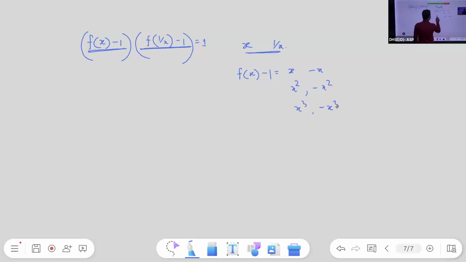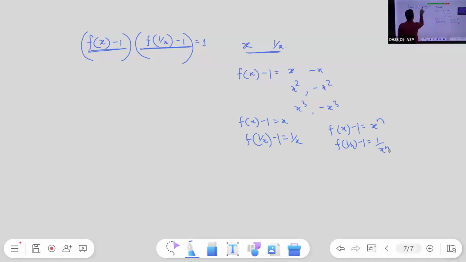This is possible. If you take f of x minus 1 is equal to x, then what will be f of 1 by x minus 1, replacing x by 1 by x? It will be 1 upon x and their product will be 1. Suppose you take f of x minus 1 is equal to x to the power n, then f of 1 by x minus 1 will be 1 by x to the power n and their product will be 1.